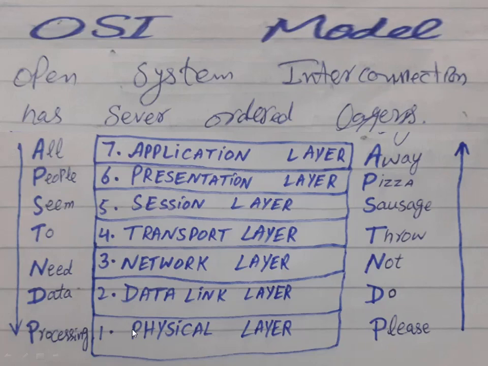And on the other hand, from 1 to 7 there is another logic you can use to remember these layers: Please Do Not Throw Sausage Pizza Away.